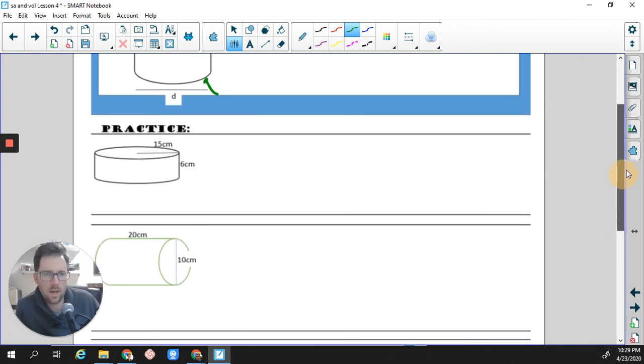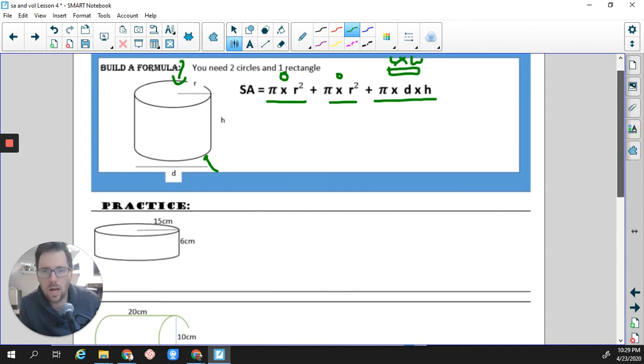So we will start with writing out our formula here. So we have surface area equals pi times r squared plus pi times r squared plus pi times diameter times height.